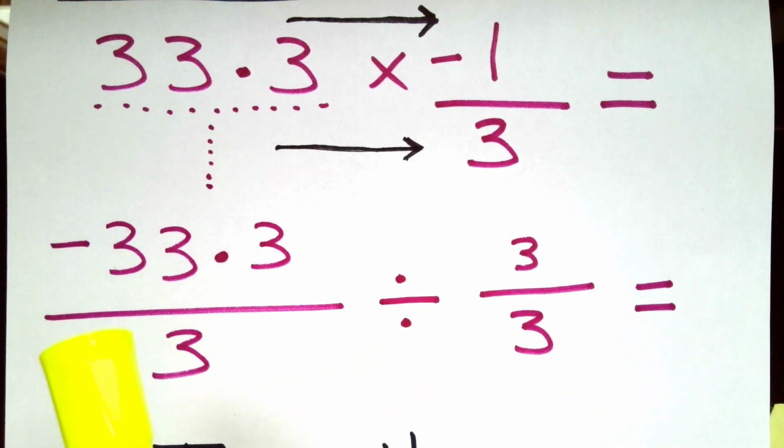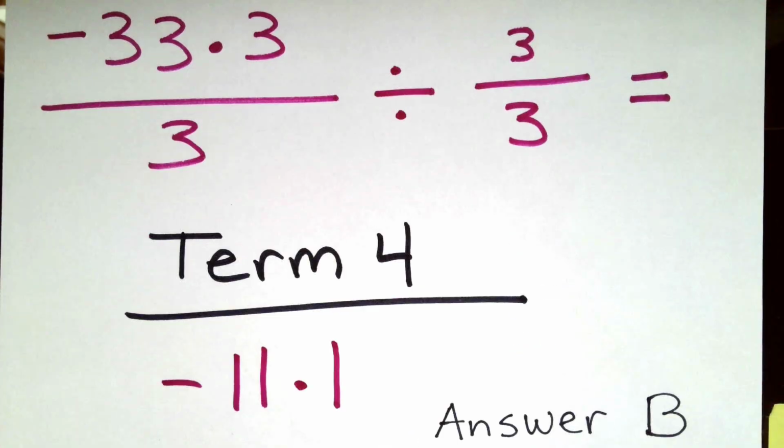Or you could also divide negative 33.3 by 3, since that will give you a remainder of 0. Whichever is easiest for you is the option you should choose. That will give us our term 4 and our answer. So you can see here, when we reduce that fraction, we end up with the fourth term, negative 11 and 1/10, or negative 11.1. The answer is B.